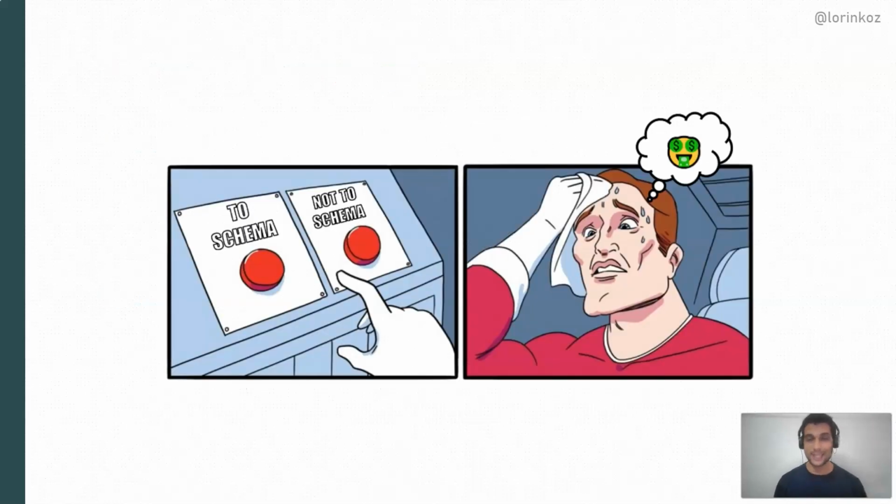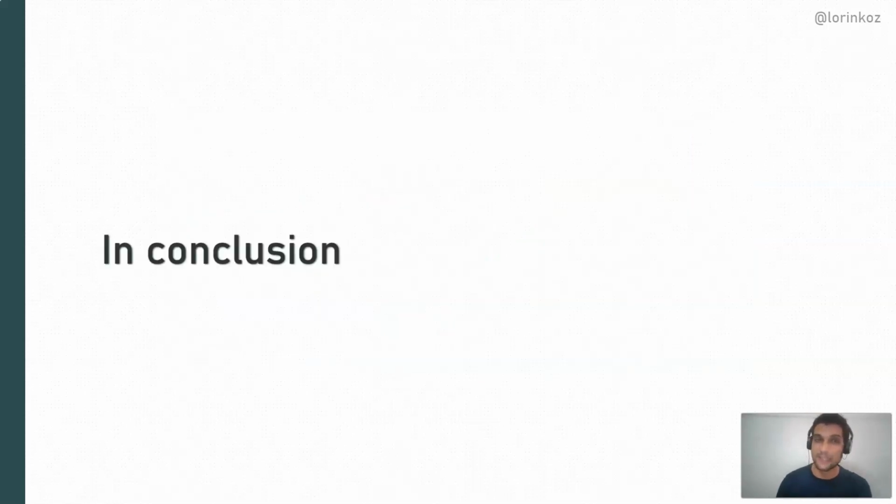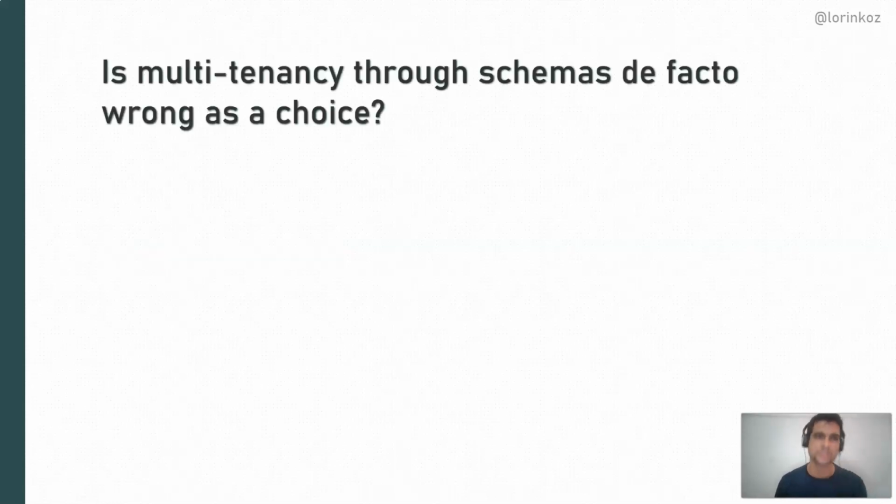So just in case I have put you in this position right now and you're having a hard time deciding whether to schema or not to schema, especially since you still have this multi-million-dollar idea in your head, let's try to solve this dilemma in our conclusions by answering 3 very specific questions. Number 1, is multi-tenancy through schemas de facto wrong as a choice?